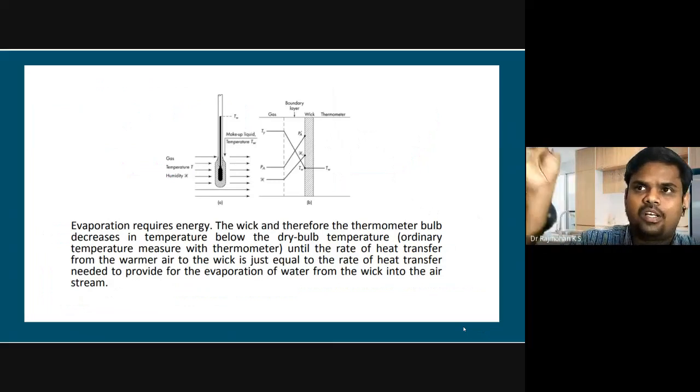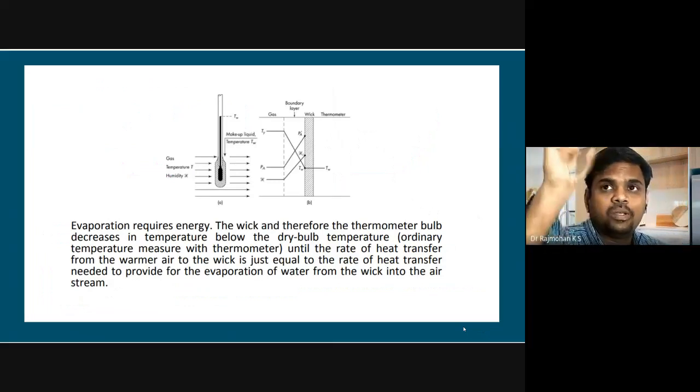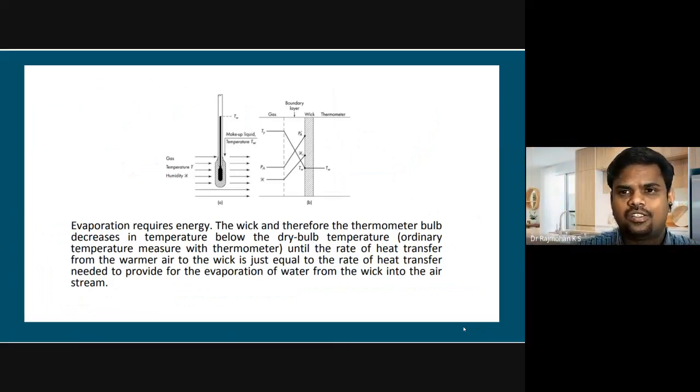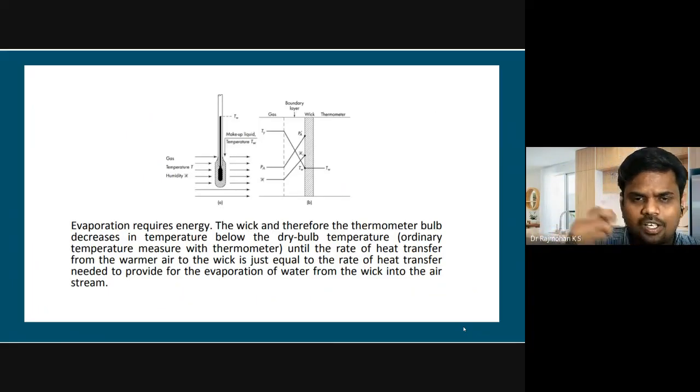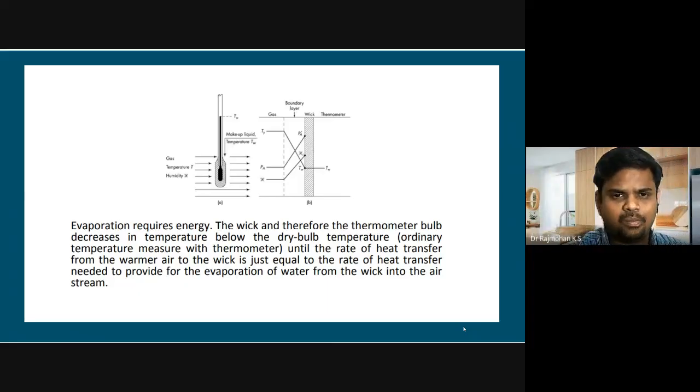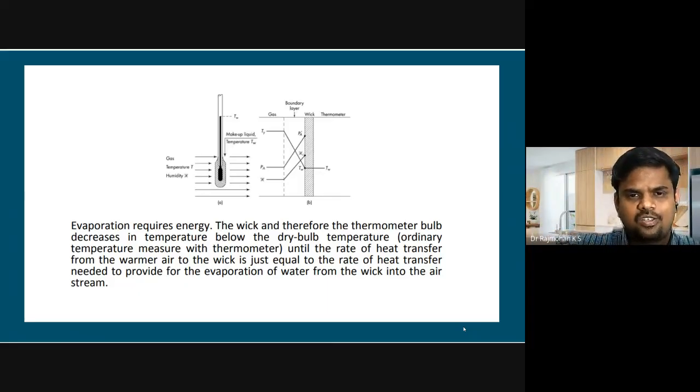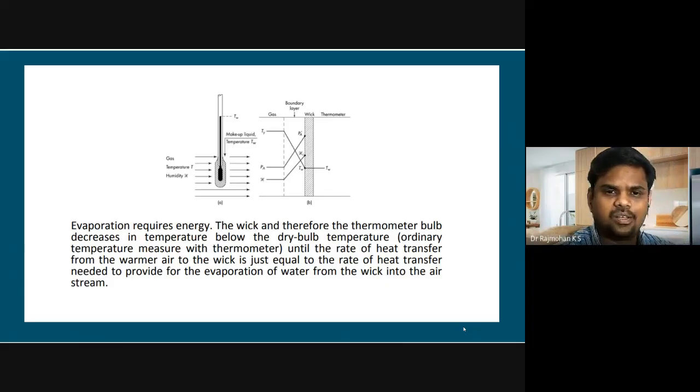If you show a simple thermometer in the air and measure the atmospheric temperature, that is the dry bulb temperature. The bulb of the thermometer has mercury at the bottom, which absorbs heat, and due to the increase in heat, the thermometer level rises, so we can measure the temperature, right?